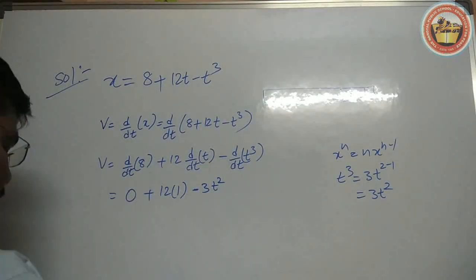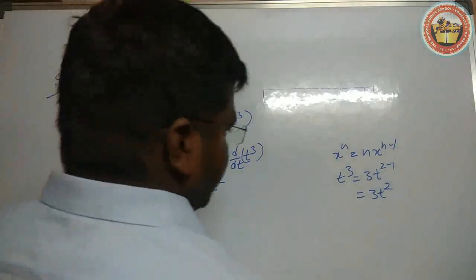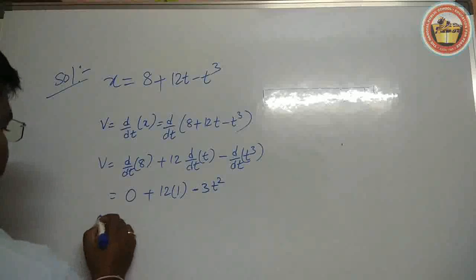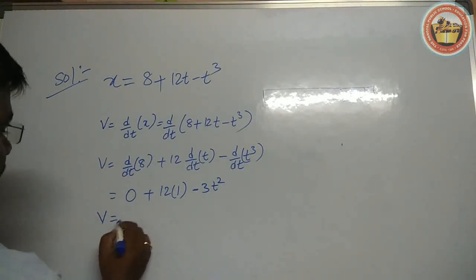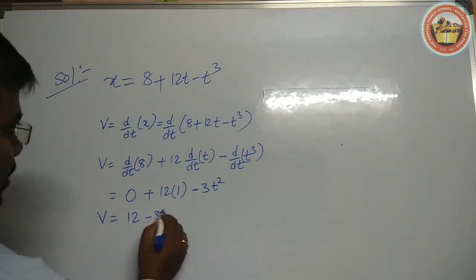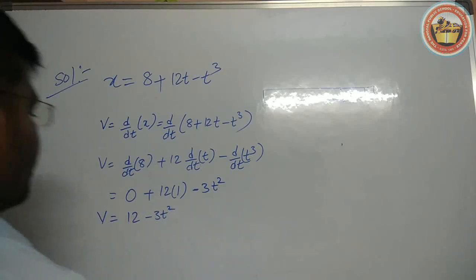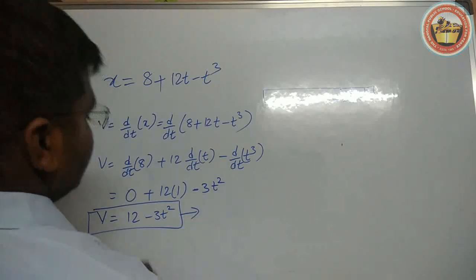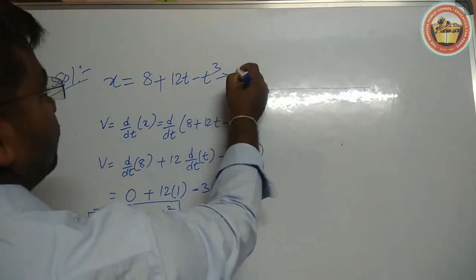Finally we get the velocity equation: 12 minus 3t square. So this is equation 1.